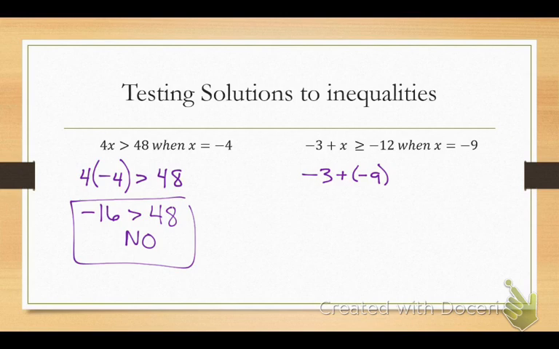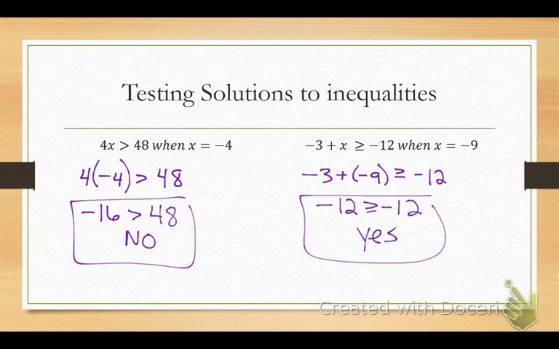It's -12. Same sign, add and keep. Okay. So -12, is that greater than or equal to -12? Yes, it is, because it has the equal to part of the symbol. Now, if that wasn't there, it would not be true. But it is equal to.